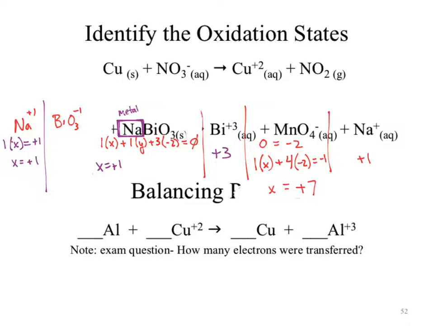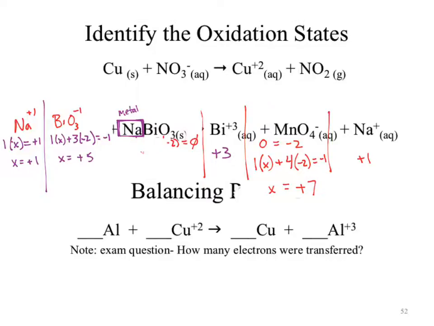For the bismuthate, there's 1 bismuth times an unknown oxidation state plus 3 oxygens times their oxidation state of -2. And that must equal a -1 as the overall charge. When we solve for x, we get x equaling not 7, +5. Right? Okay? Kind of making sense?